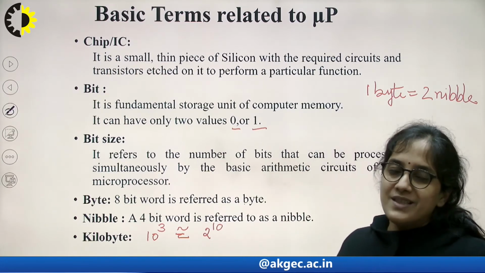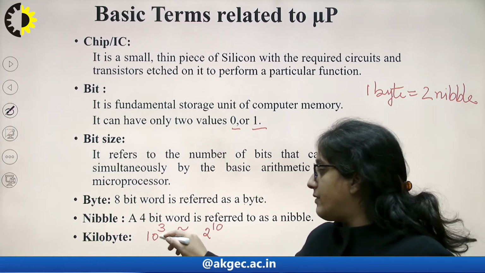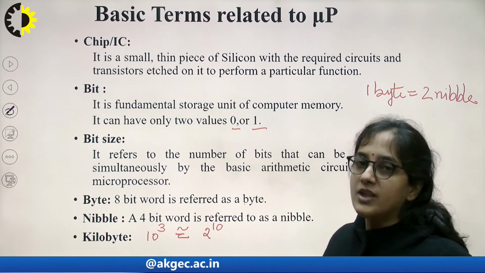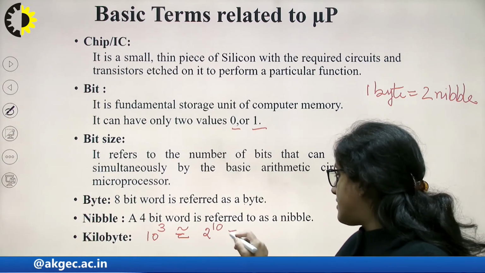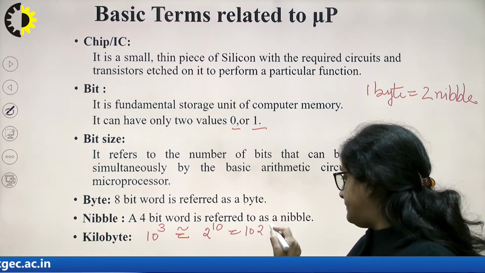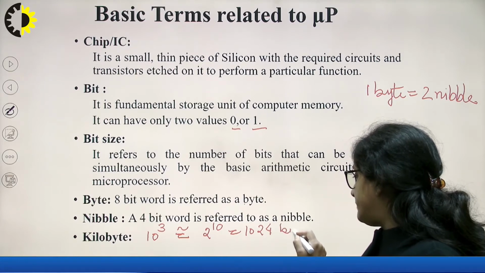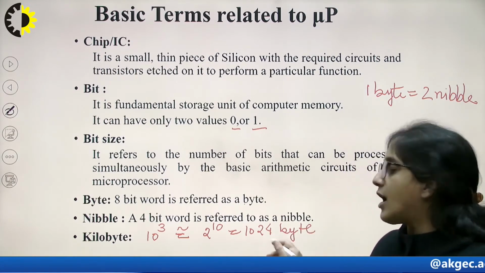In normal standard units we use 10 raised to power 3 as a kilo, but in digital we use 2 raised to power 10 as 1 kilo, that is 1024 bytes. So, approximately we are saying that it is 1000.